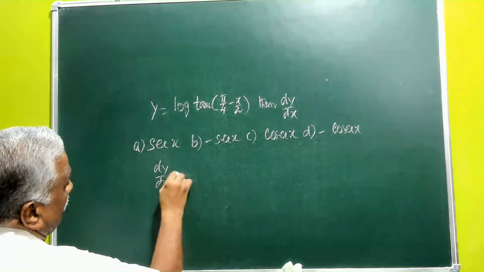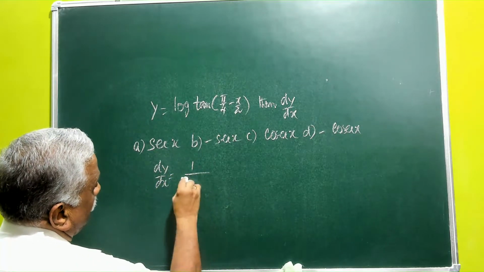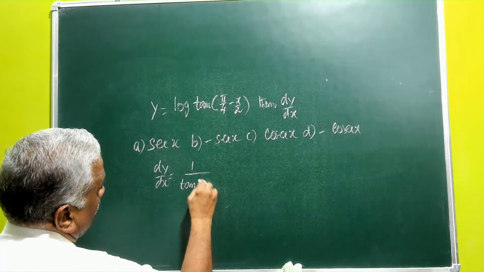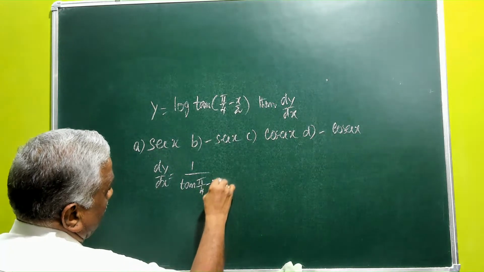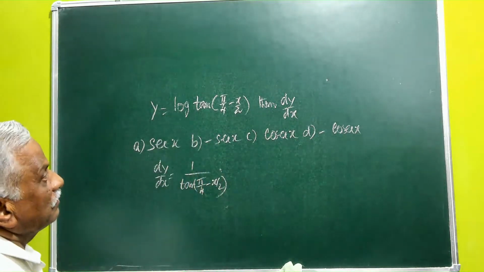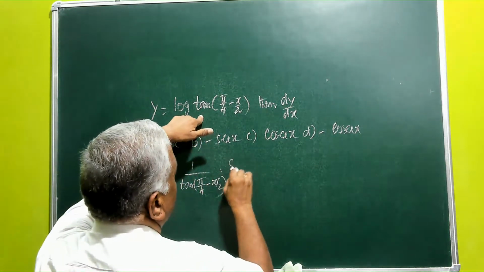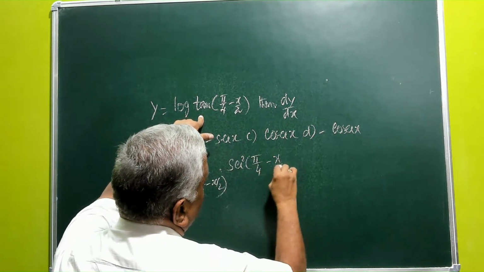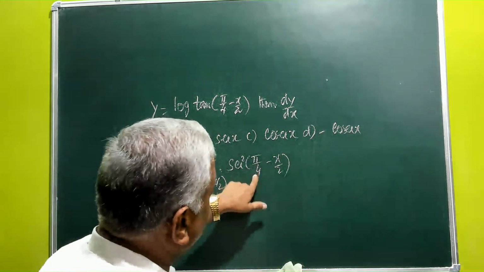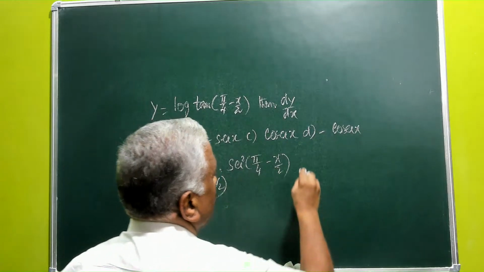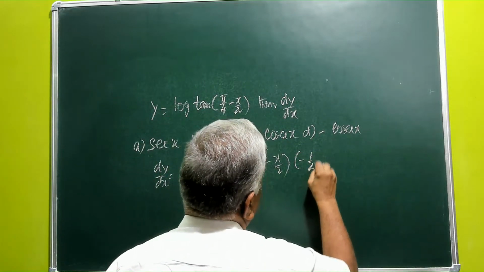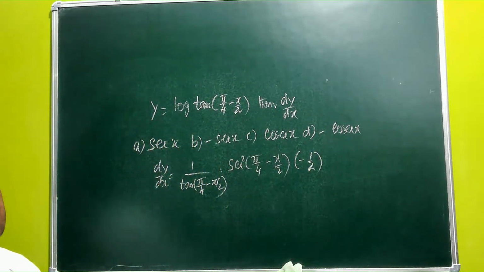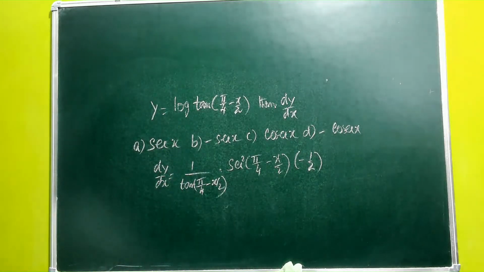First, if you differentiate log, you get 1 over tan of pi by 4 minus x by 2. Then you should differentiate tan, it is secant square of pi by 4 minus x by 2. Then you should differentiate pi by 4, that is 0, and x by 2 is minus half. You have to arrive at this answer.